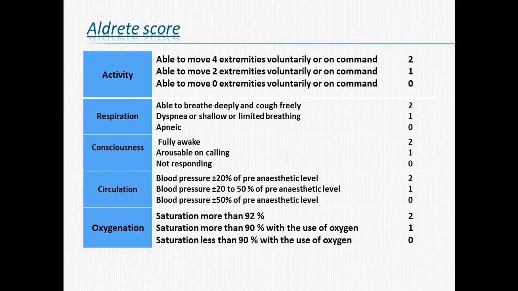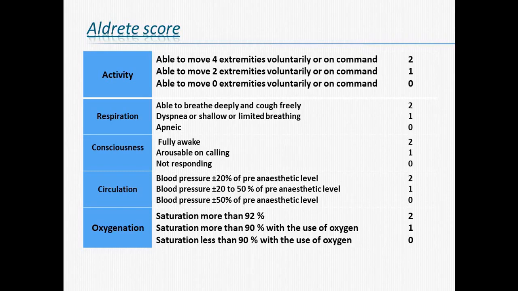In the Aldrete score, we have the activity, respiration, consciousness, circulation, and oxygenation. If the patient is able to move 4 extremities, voluntarily or on command, the score is 2. If the patient is able to move 2 extremities, voluntarily or on command, score is 1.